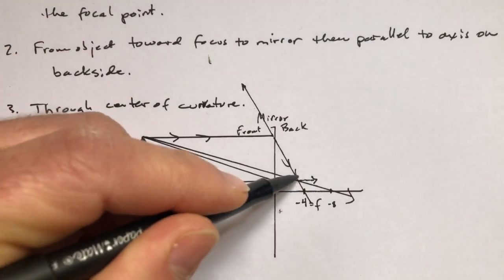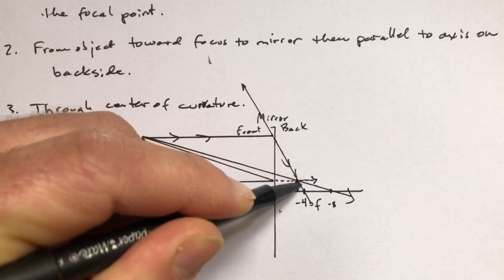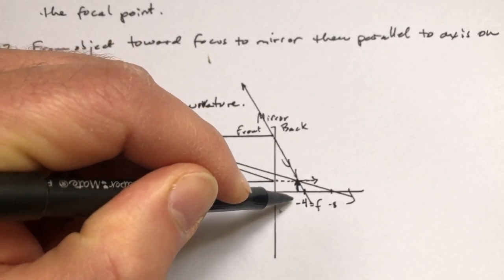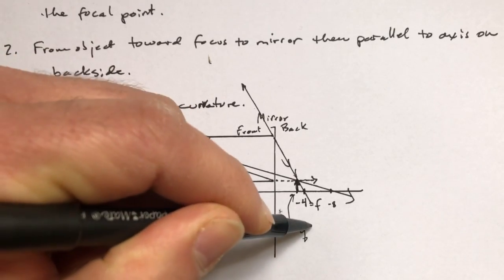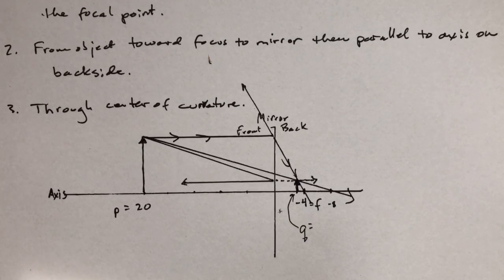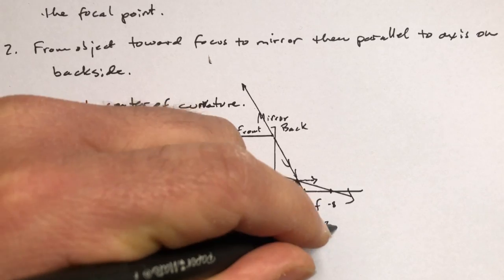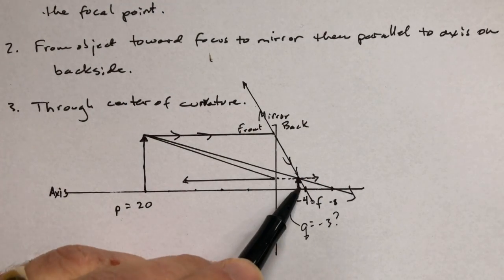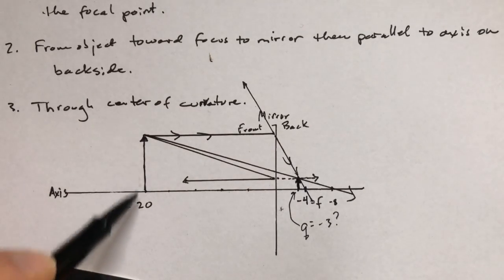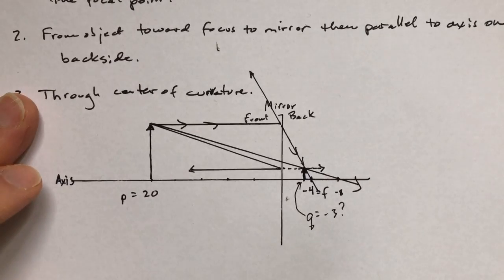It also goes through that same point. This here is my image, and we can kind of guess that the image distance is maybe like -3. It's probably in that ballpark somewhere. And so let's figure it out mathematically. The other thing you can see is that it's obviously much smaller than the object. And I don't know, maybe that's 1/5 the size, but let's do it mathematically.